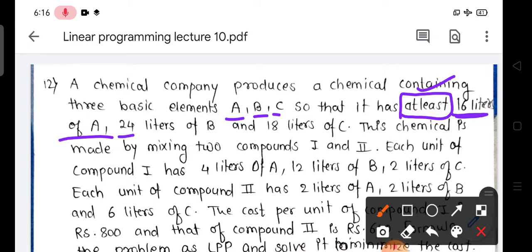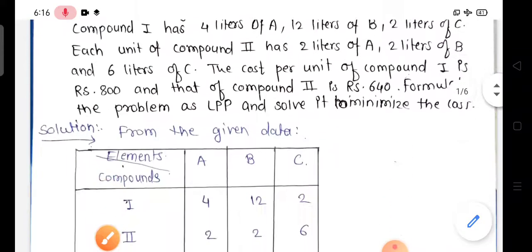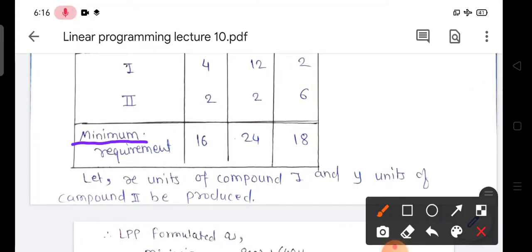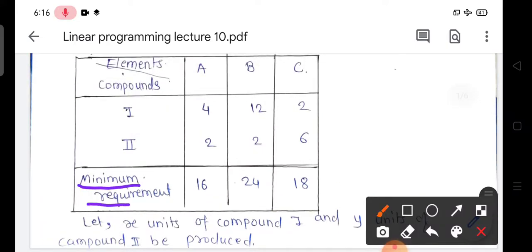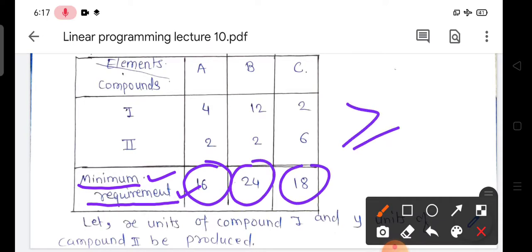So 24 liters of B and 18 liters of C. So in the table the minimum requirements are 16, 24 and 18. Then these statements show that these terms are greater than or equal to. So the constraint type is greater than or equal to.